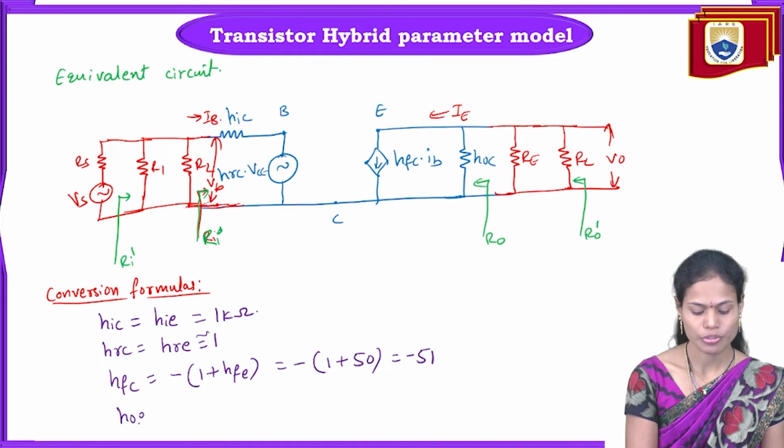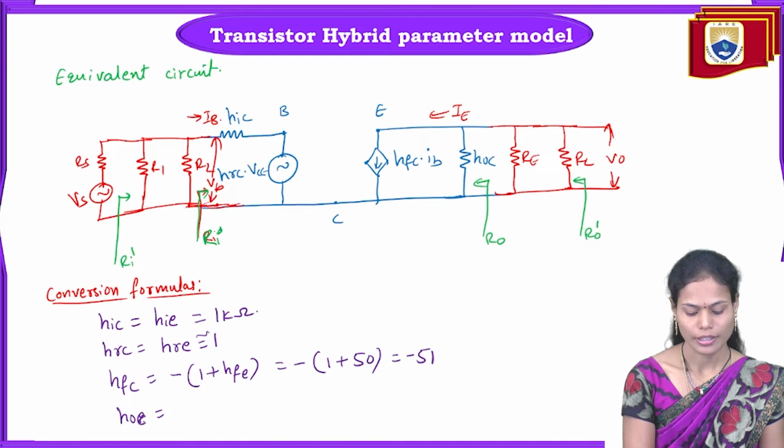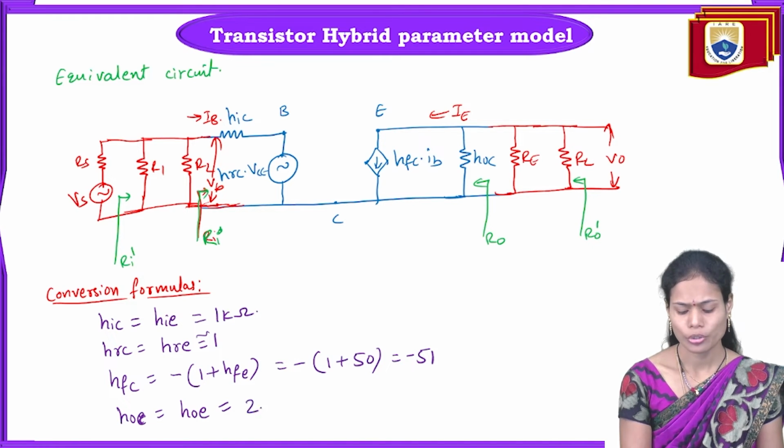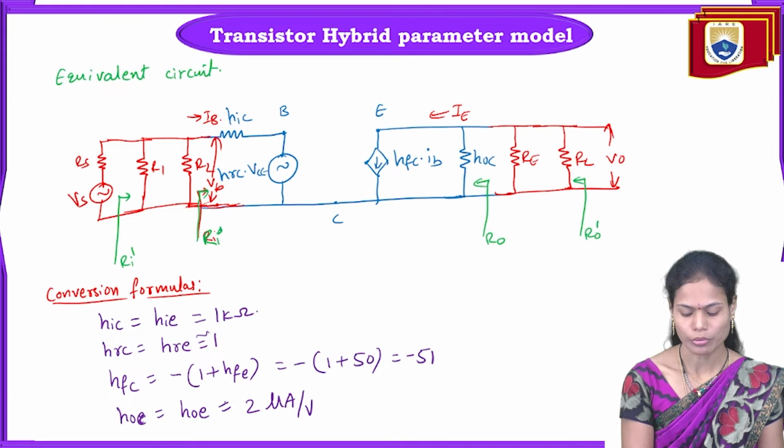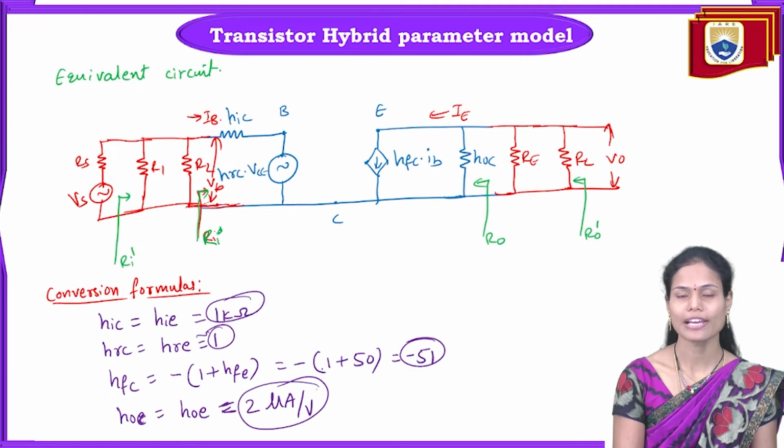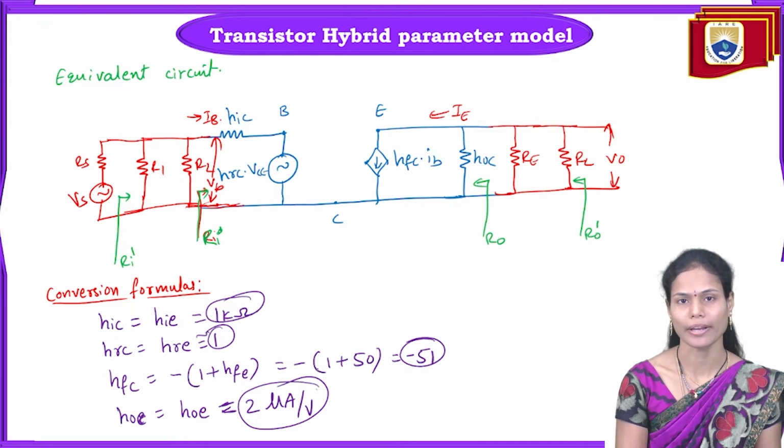Next, HOC, the output admittance, is equal to HOE, that is given as 2 microamps per ohms. These are the conversion values, and we are going to utilize only these values to find the amplifier parameters.